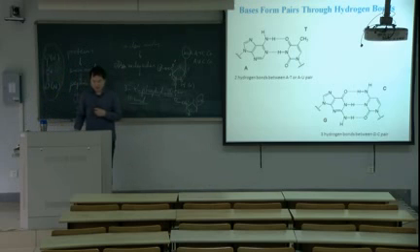Now when we look at the bases, this is the base for adenine, this is the base for thymine. You can see that in the adenine we have an amino group which has a nitrogen here, connected to a hydrogen. And in the thymine there's an oxygen here. So you can form a hydrogen bond between the 3 atoms.